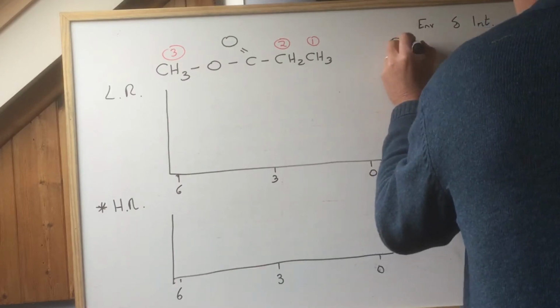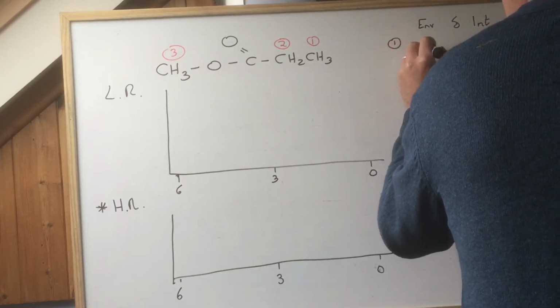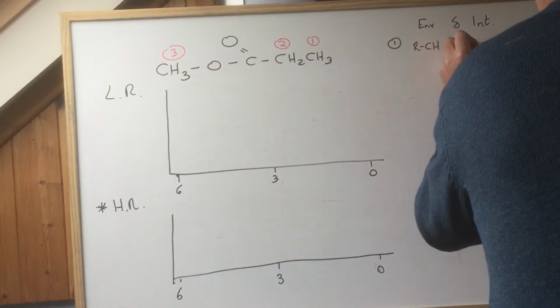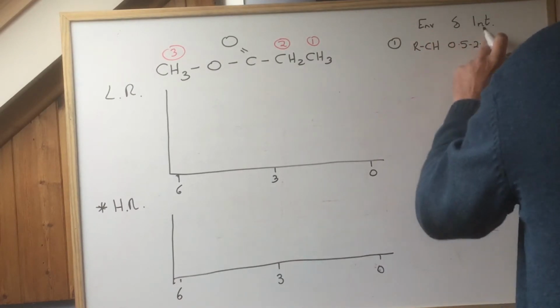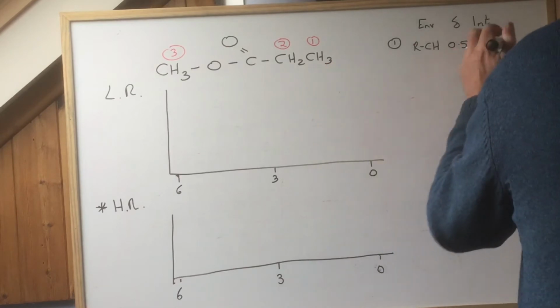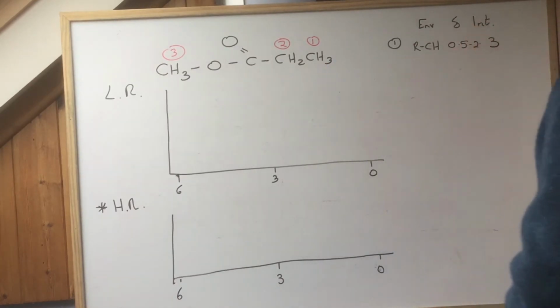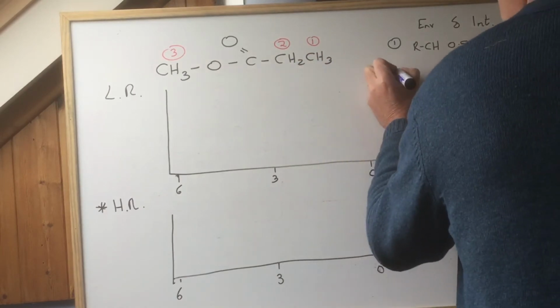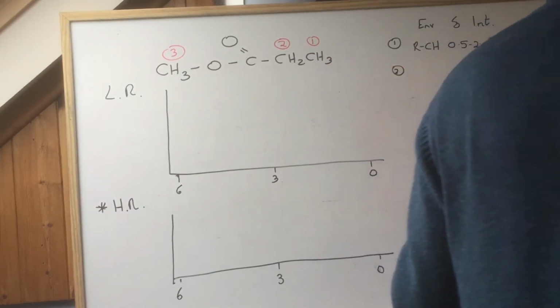First one, RCH, methyl group, stuck out on its own. Chemical shift 0.5 to 2. Integration 3, 3 in that environment. This one, number 2, refer to your data sheet.